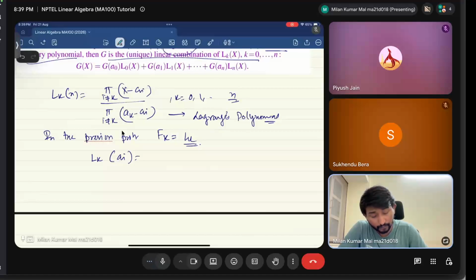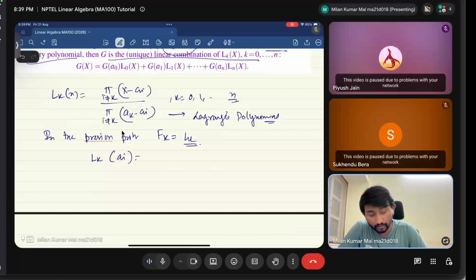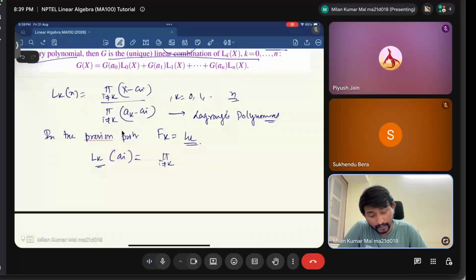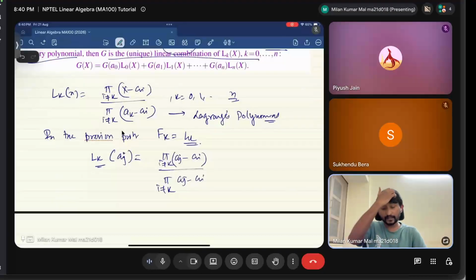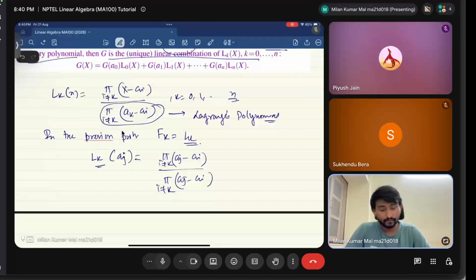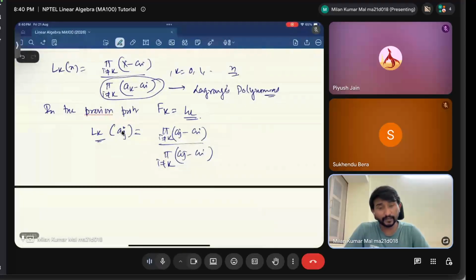This will be the product over i not equal to k of (aj minus ai), divided by the product over i not equal to k of (ak minus ai). The interesting fact is that the denominator is never 0, because i is never equal to k.